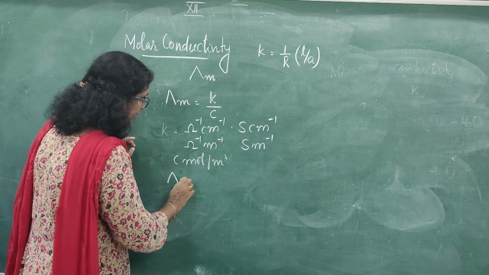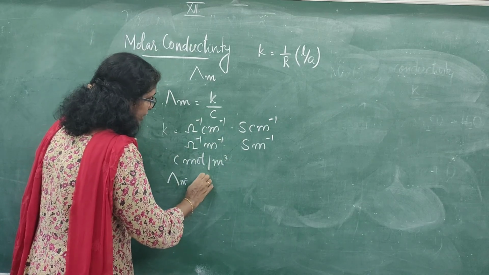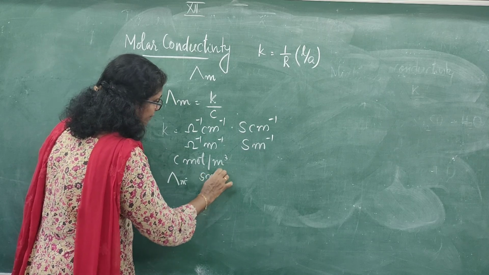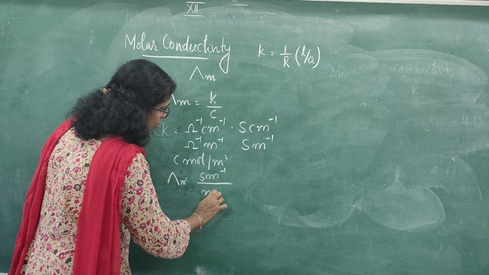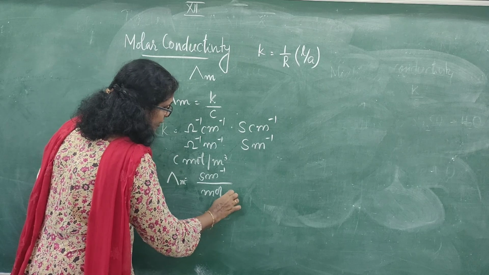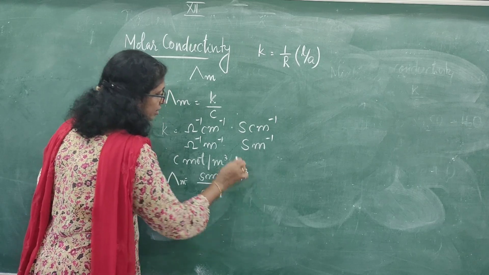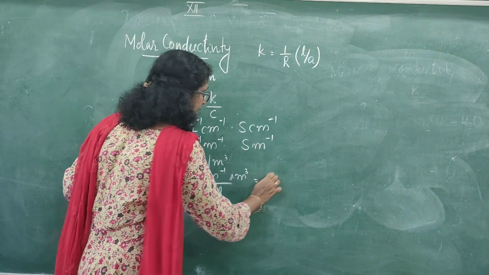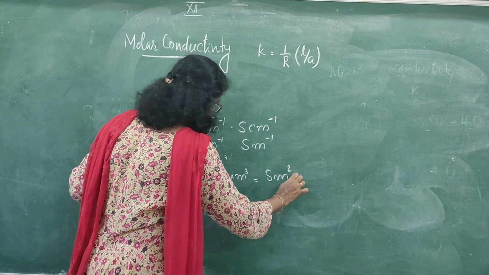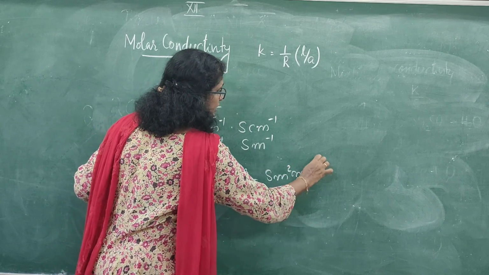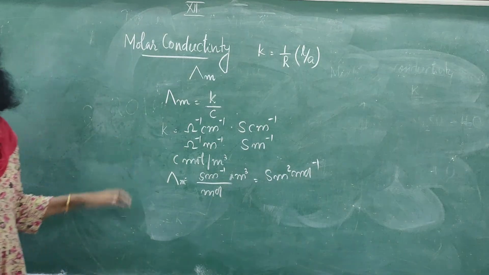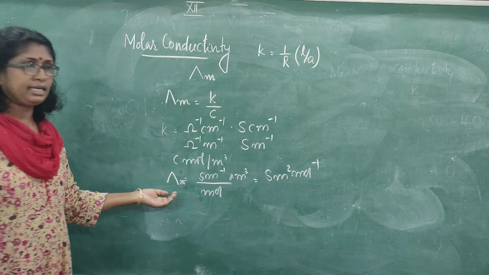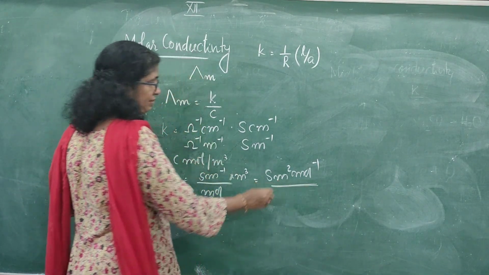Lambda m is equal to K, which is Siemens meter inverse, divided by mole per meter cube, and the meter cube will go to the numerator. So it is Siemens meter square mole inverse. It is the unit of molar conductivity.